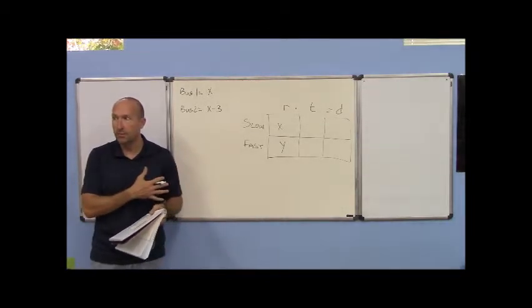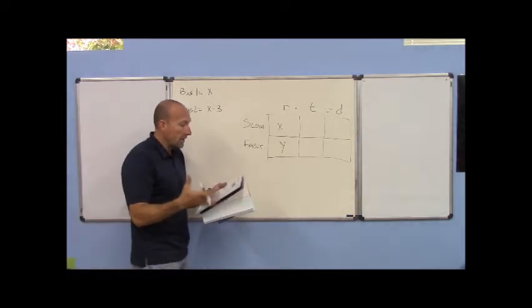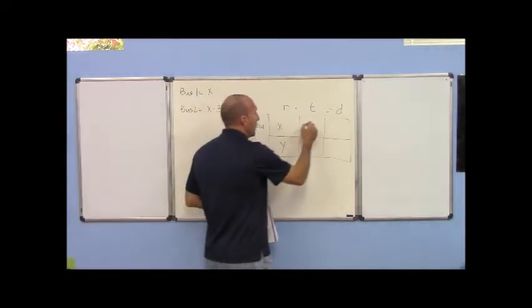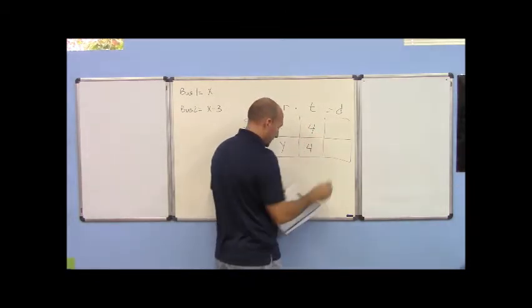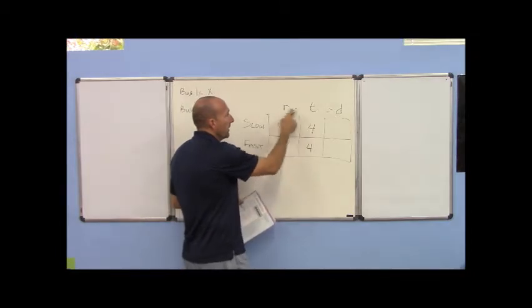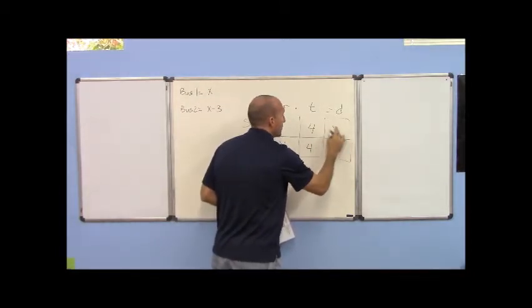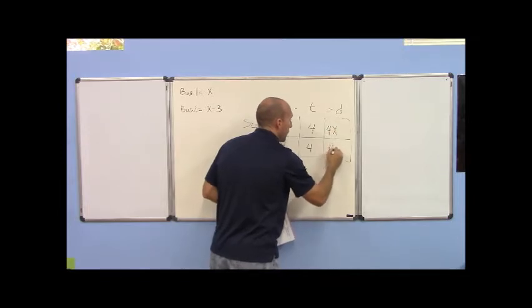We found it's actually pretty easy to do. All right, so we know that both are traveling 4 hours. And their distance is going to be rate times time, so it's x times 4, or 4x, and 4y.